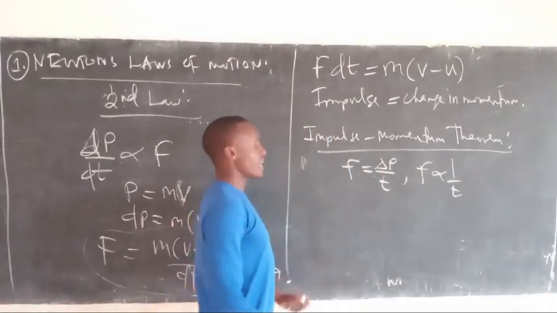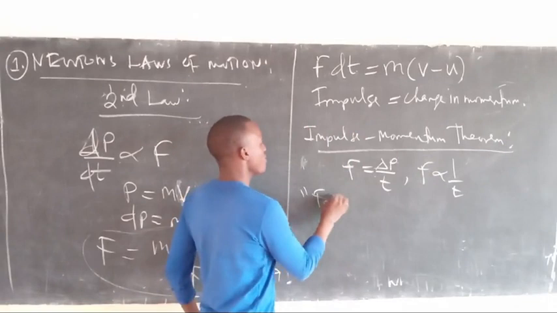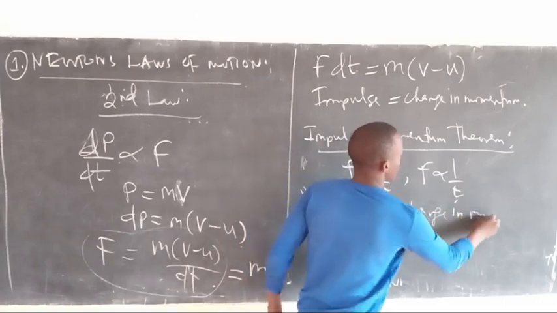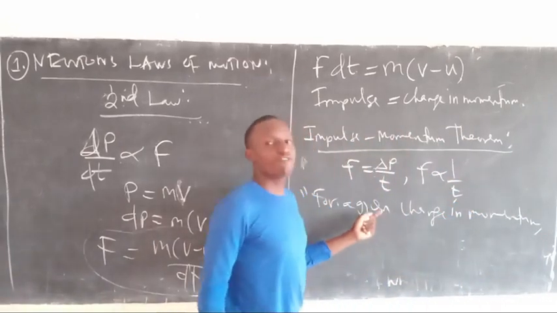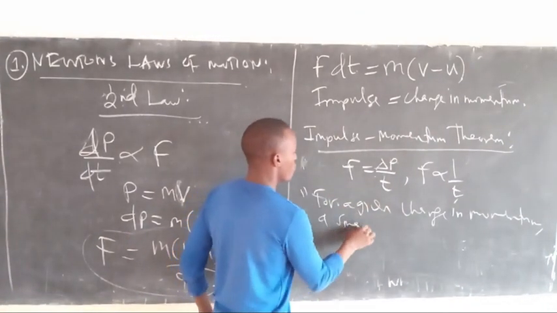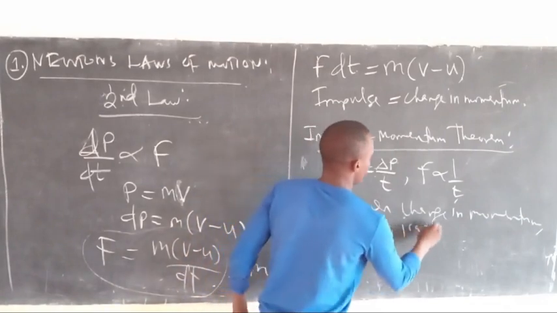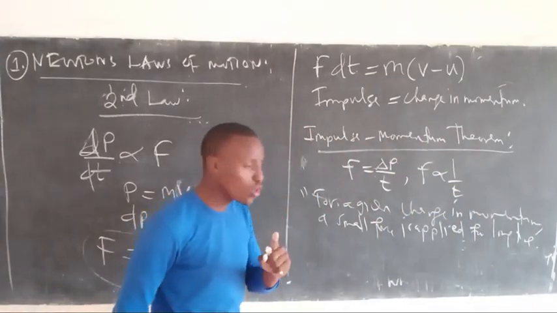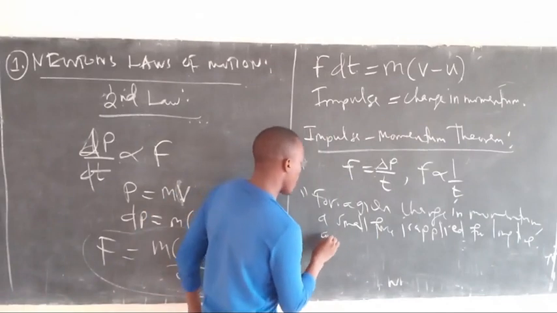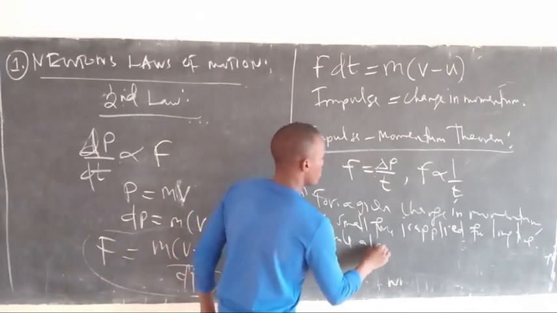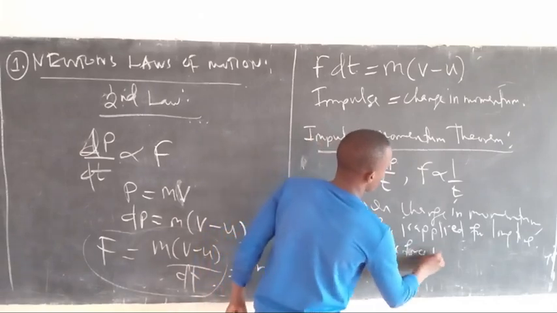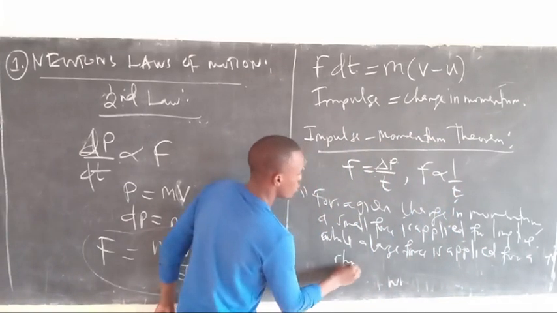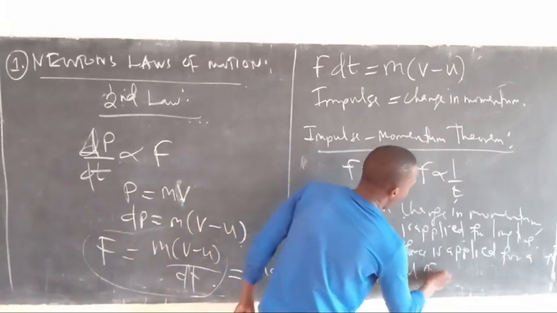This is very important. It states that for a given change in momentum, a small force is applied for a long time, and a large force is applied for a short period of time.